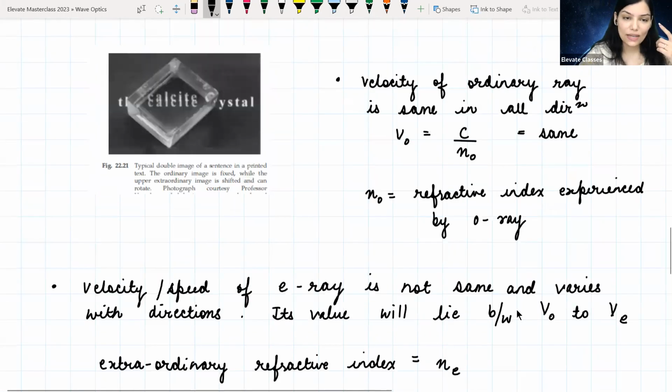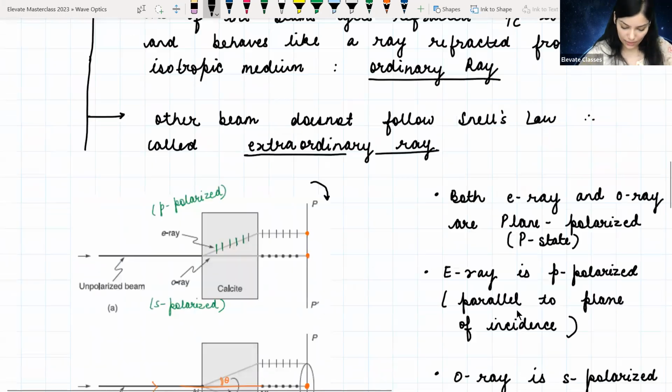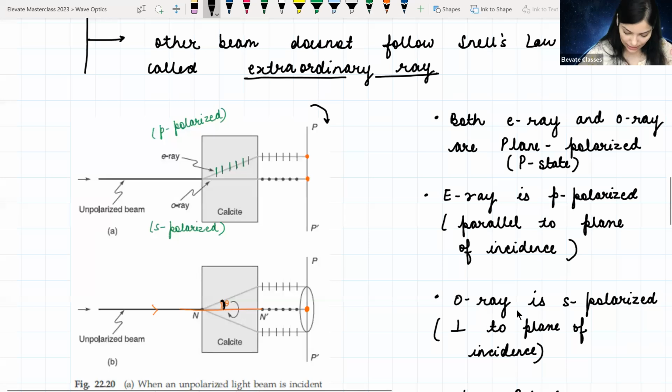So like in this diagram, if we go to the earlier one, this theta here is the theta if I consider my optic axis to be parallel to this plane. If I consider that this is my optic axis, that means the optic axis is going like this, then this theta is the angle this ray is making with respect to the optic axis.